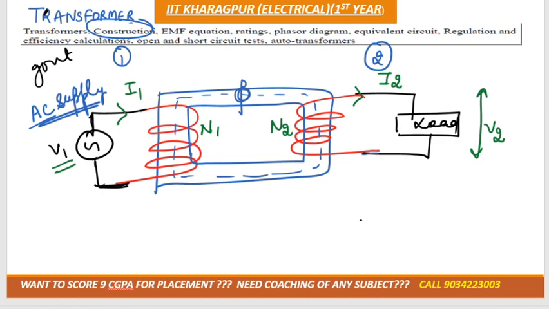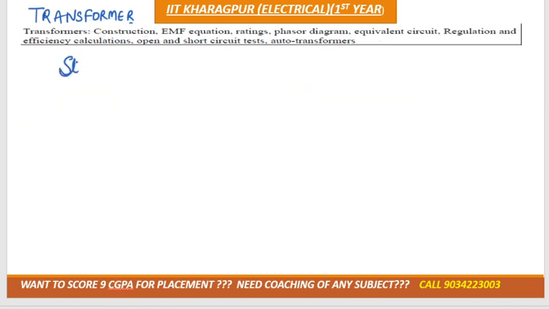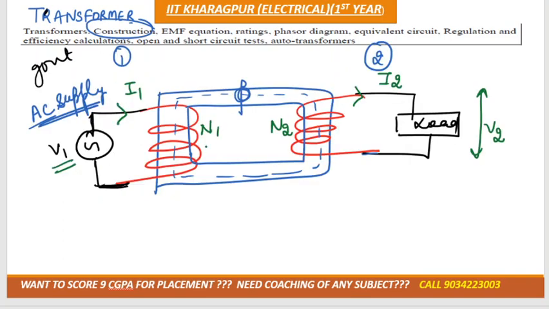Okay. Now next we have the types of transformer: step up and step down. If the number of turns on the secondary side is more, that is N2 greater than N1, we have a step up transformer.